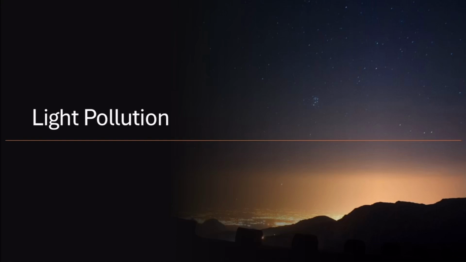Light pollution, there are a few causes of this. One of the main ones you should know about is sky glow. Now, this is caused by human settlements, and basically it's lots of light in a built-up area shining up at the sky, and this decreases contrast between the sky and the stars in the sky, which makes lots of stars hard to see.